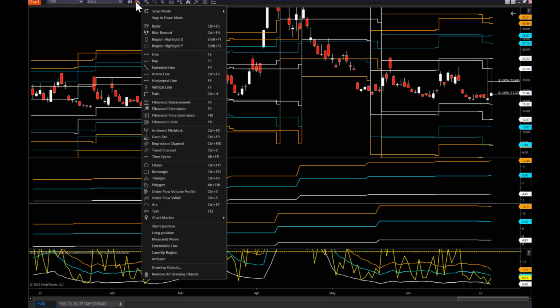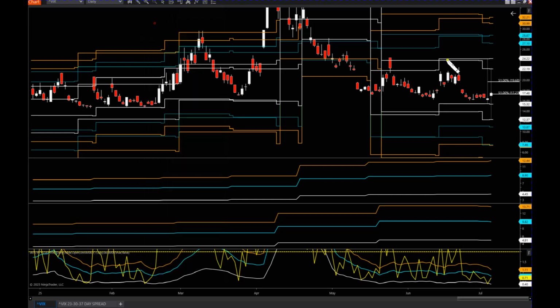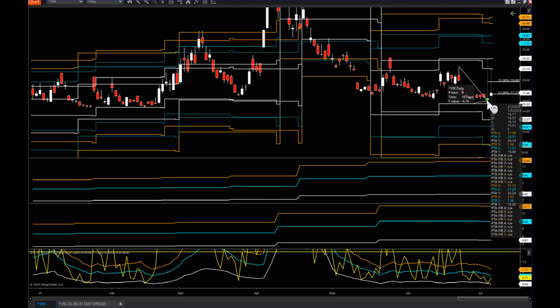So if we measure from that high to that low, where would the low be? 1614.